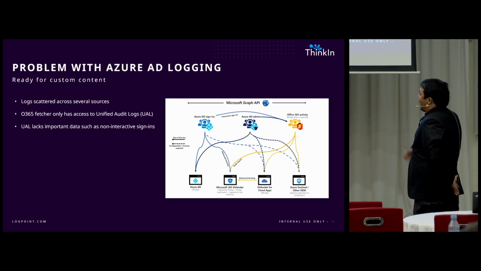If you use the default Office 365 feature that uses the Office 365 API, you will only get some of the events. You will get logins, but you will not get non-interactive logins. So you will not see applications or service principals logging in. That is one very big blind spot there. So have an understanding of what you are getting and what you are not. Understand the blind spots that are available.